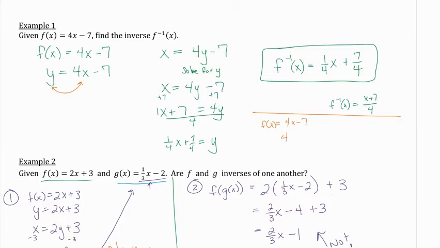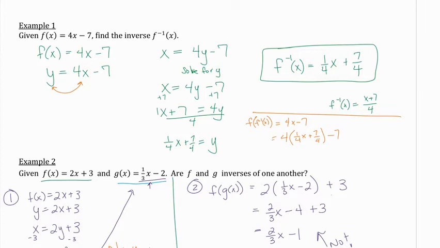So I would do 4 times 1/4 x plus 7/4, and then minus 7, right? So plug one function into the other. Well, 4 times 1/4, that's just 1. Oops, sorry, I should write that as f of g of x. Or we don't really know, f of the inverse. f of f inverse of x. We'll write it that way.